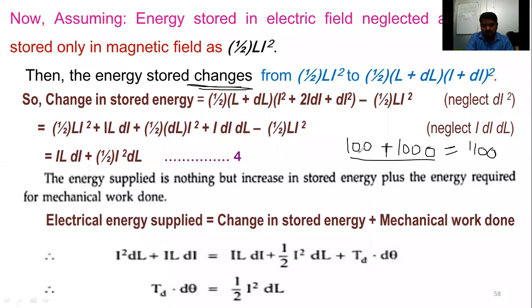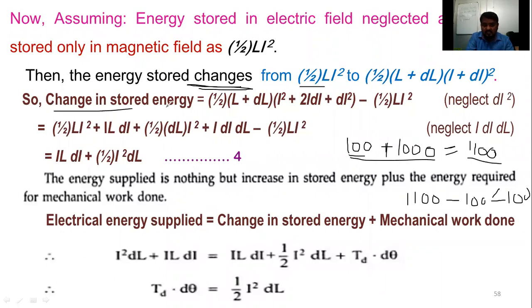Extra amount. Initial is 100, change is 1000 here. How do we calculate? Total minus initial value. Total is 1100, initial was 100. What is the change? 1000 rupees. Like that here, the initial energy is this one. The changed one is (L plus dL) (I plus dI) square here. But what is the total change in energy?